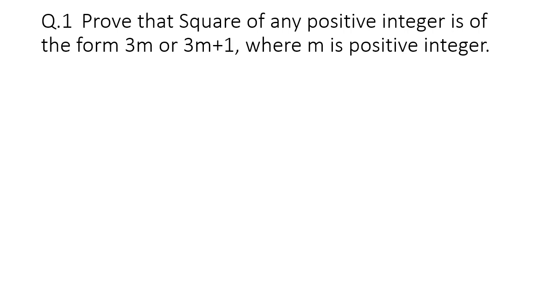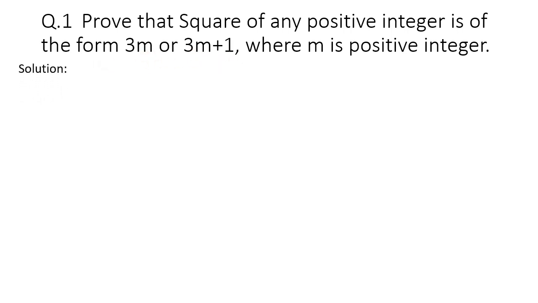The question is not specific about which positive integer, but it is a positive integer only. So we have to assume any positive integer in the form of a, and after that we have to square that number, and the square of that number will be in the form of 3m or 3m plus 1.